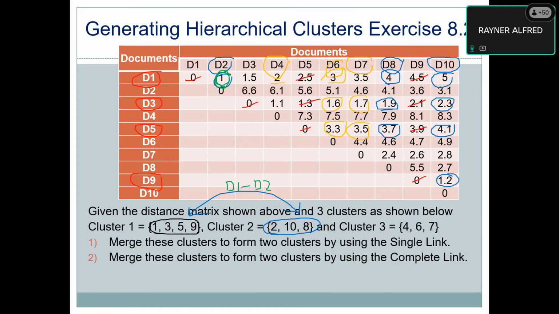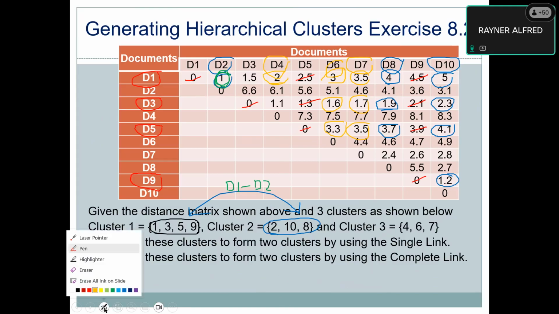For cluster 1 to cluster 3, the smallest one will be 1.7.